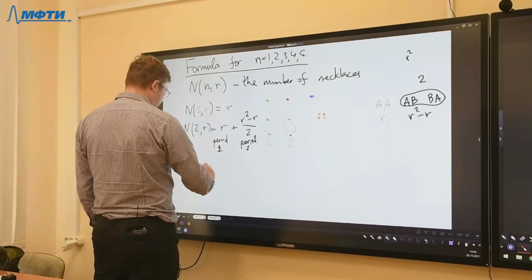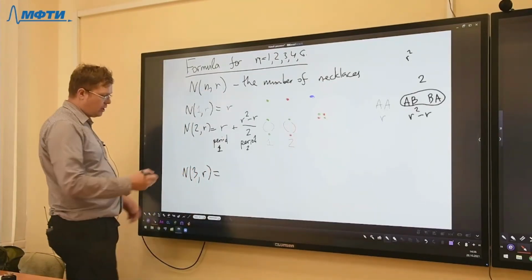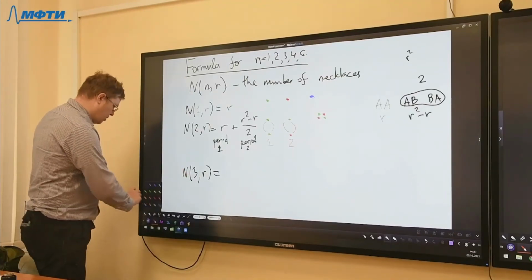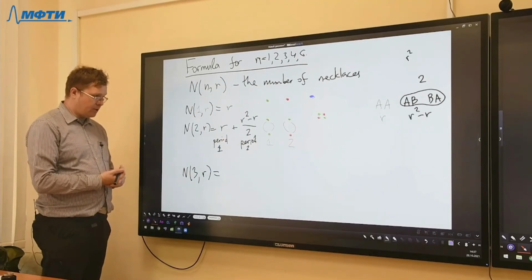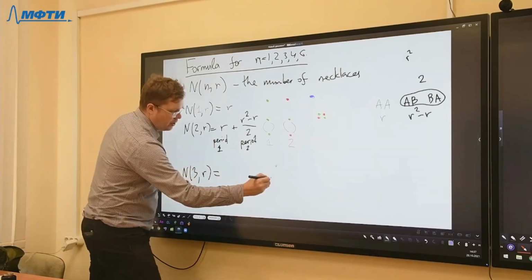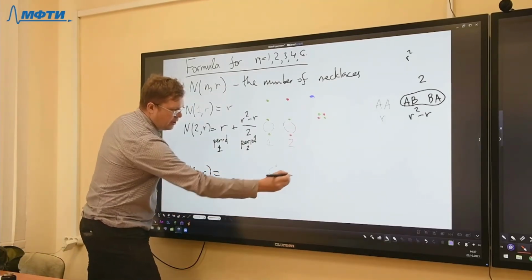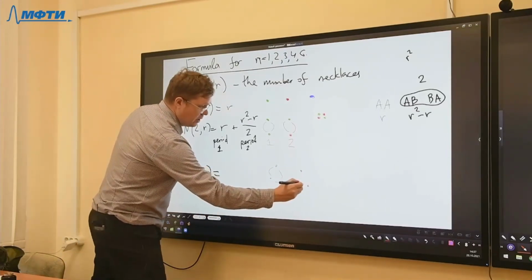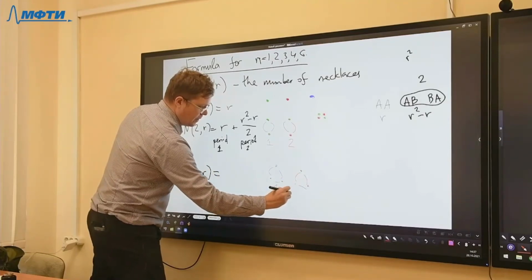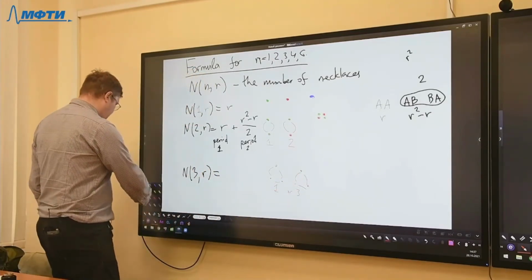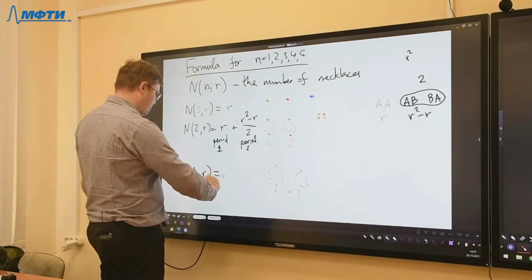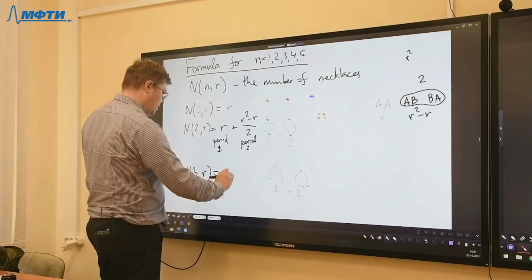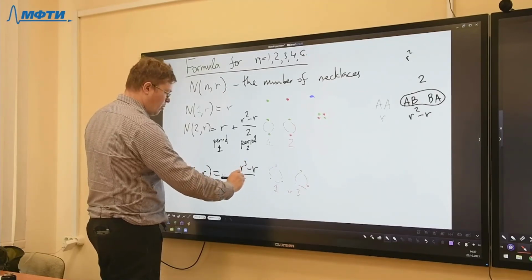Okay, so if the length is 3, then the period of these necklaces should be a divisor of 3. So either we have period 1, or we can have period 3. And again, we have R of period 1 and (R cubed minus R) over 3 of period 3.